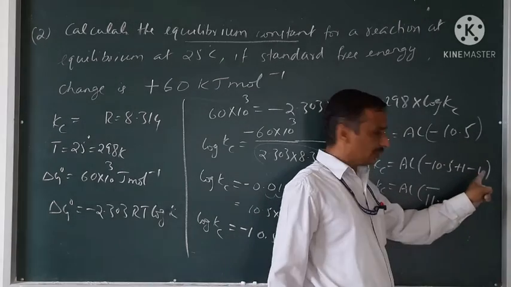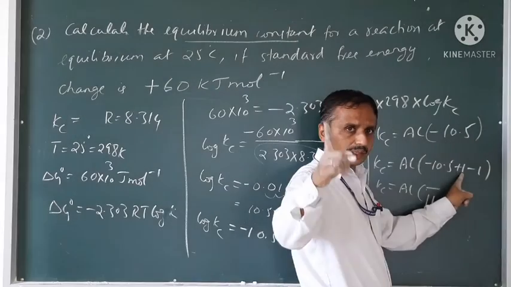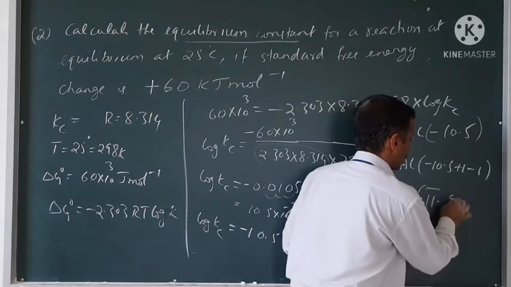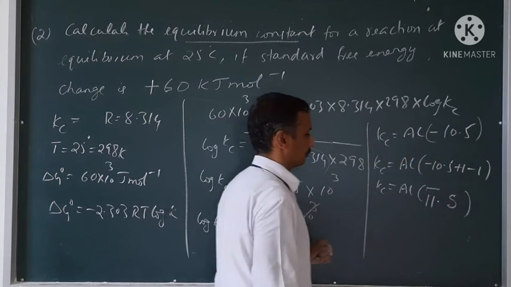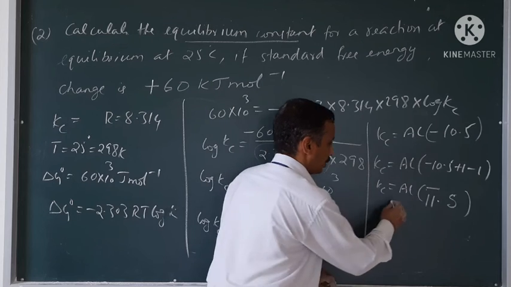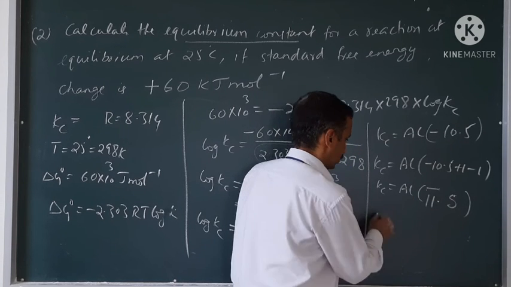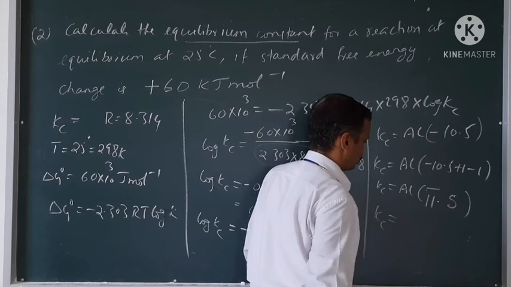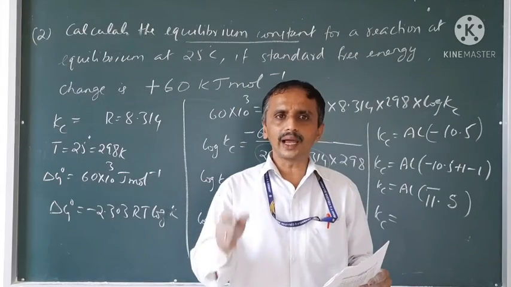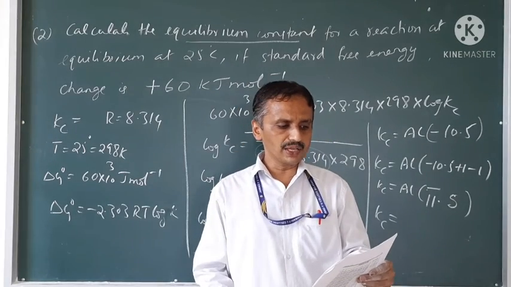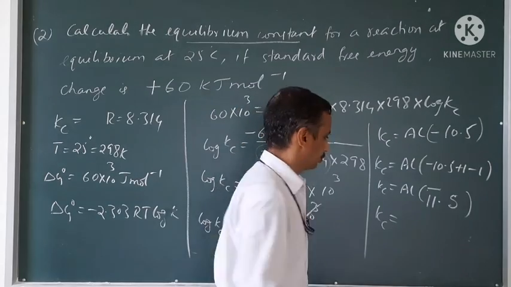Then, from the positive one, subtract 0.5, which is 0.5 only. So take the anti-logarithm of 0.5. So Kc is equal to, now open the anti-logarithm page. 0.50 is 3162.